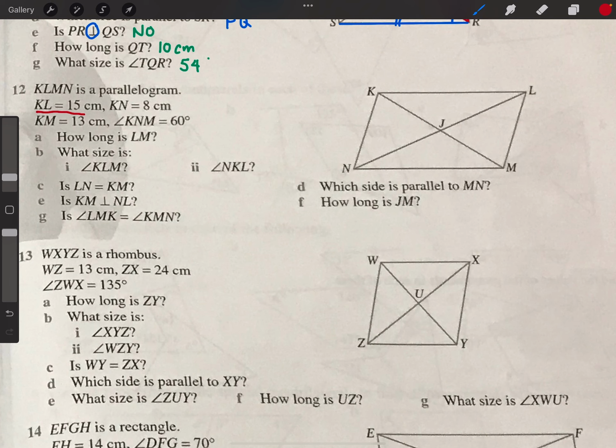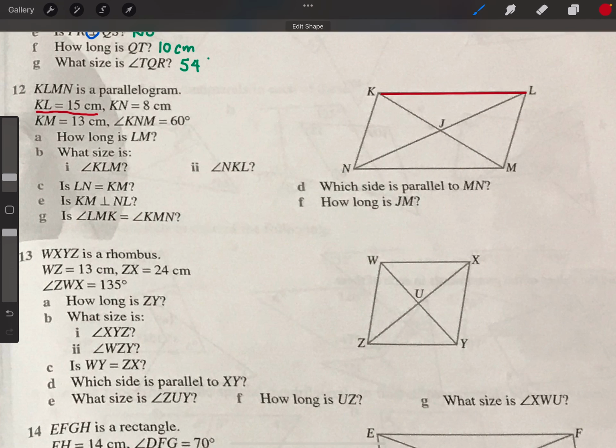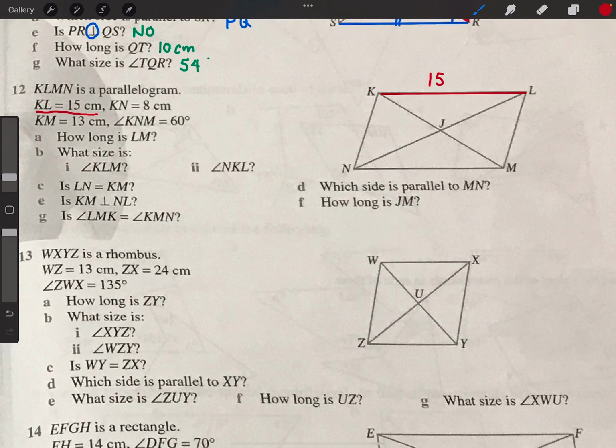KL is equal to 15 centimeters. So KL is this length here, and this is 15 centimeters. KN is equal to 8. So from here to here is 8 centimeters.